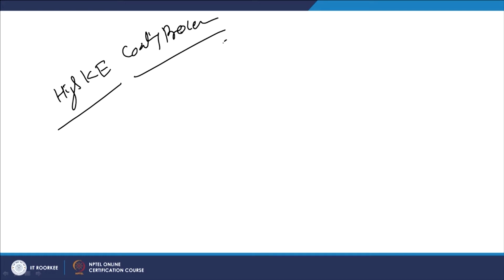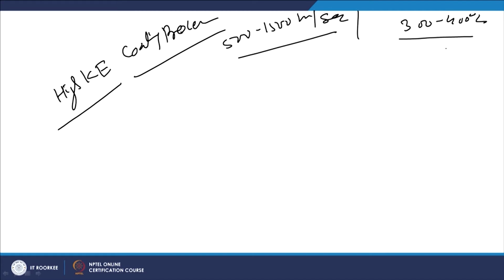because the particles attain really very high velocity, 500 to 1500 meters per second, and the rise in temperature of the particle is also not high, as the hot gas temperature is limited to 300 to 400 degrees centigrade. So the particles, which have not been heated to much higher temperature, when accelerated to very high velocity, get flattened after the impact.